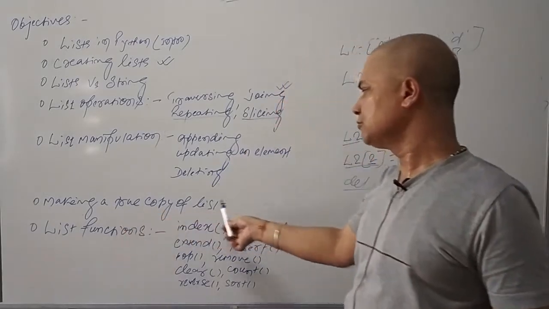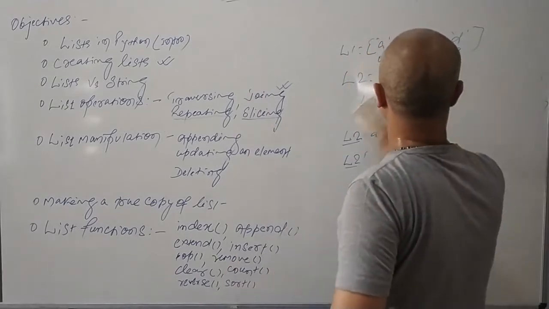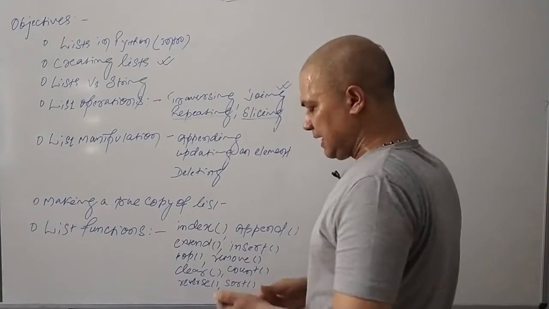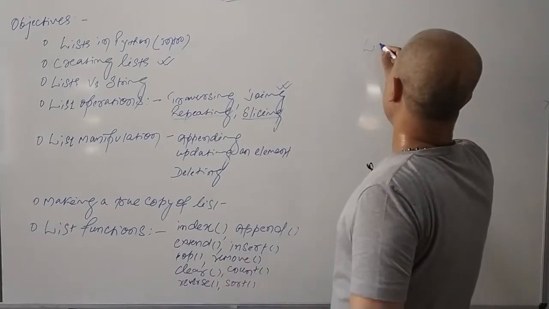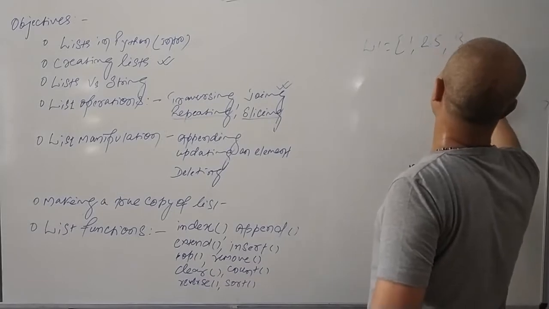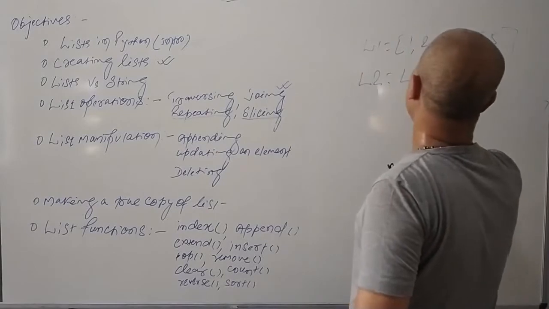Now making a true copy of the list. A list can be copied simply by having one list assigned to the other. Suppose L1 equal to 1, 2.5, 3, 5.5. Now L2 equal to L1.